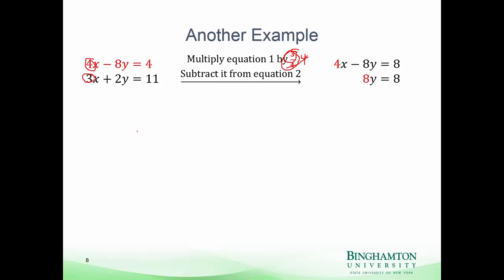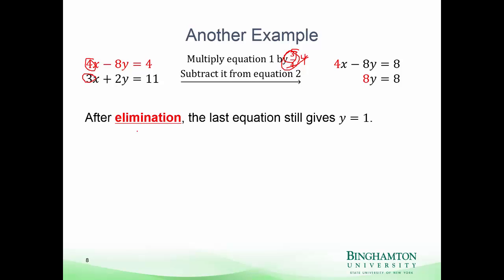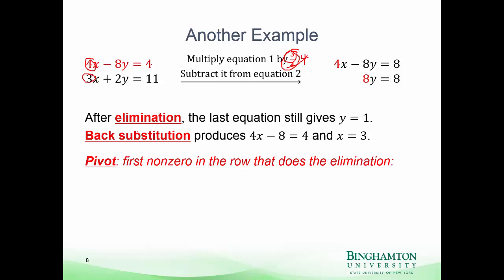And so we would get something that looks like that. In this example, the last equation still ends up giving us y is equal to 1. And back substitution produces x equal to 3. But what's more important than just being able to solve this particular example is to see the mechanism by which we do it.